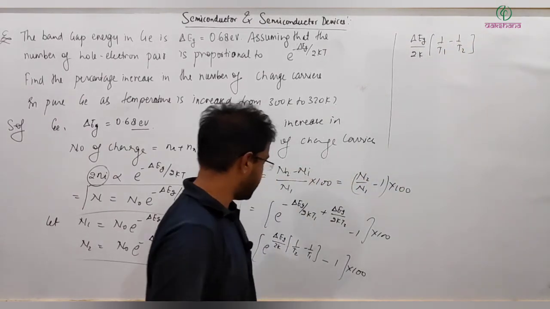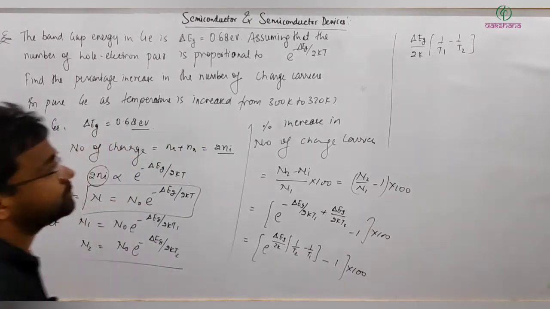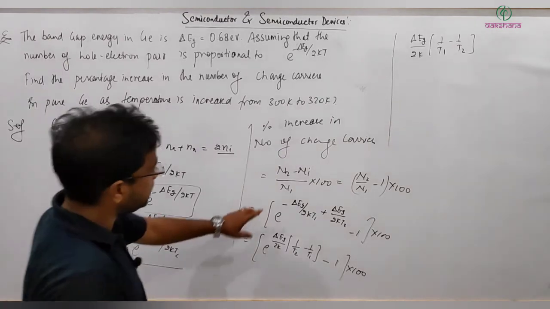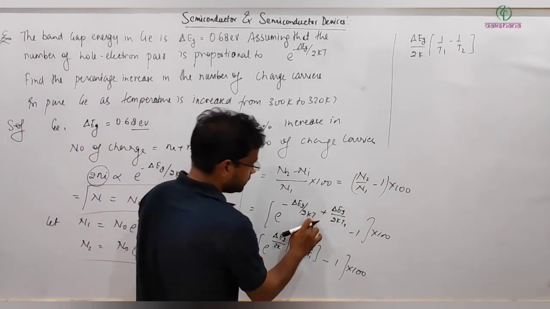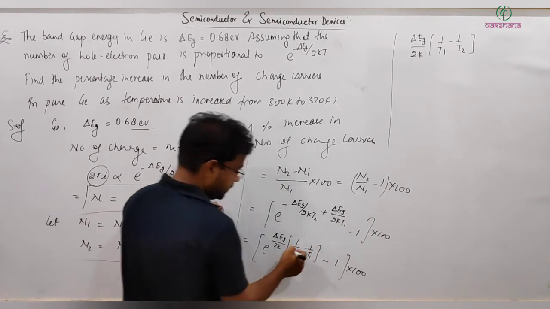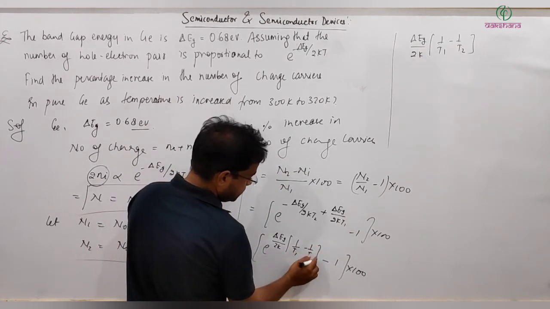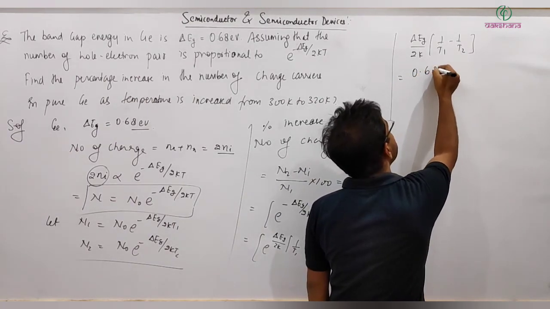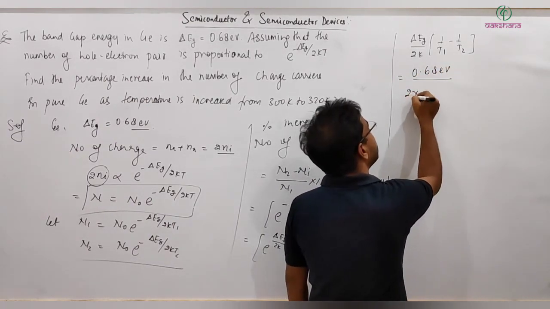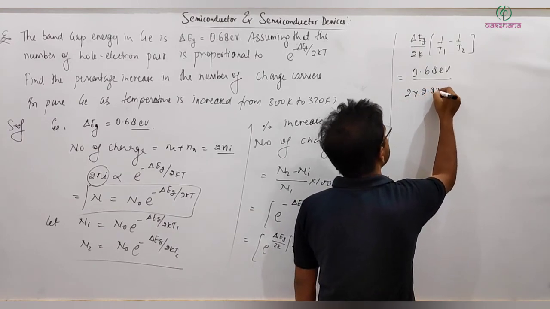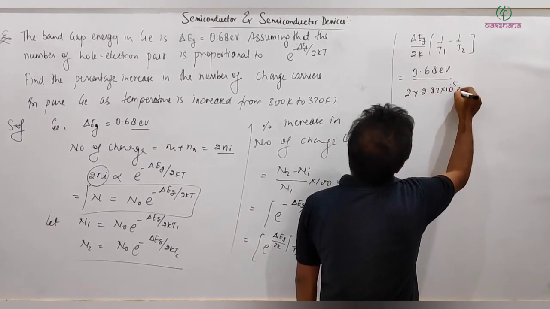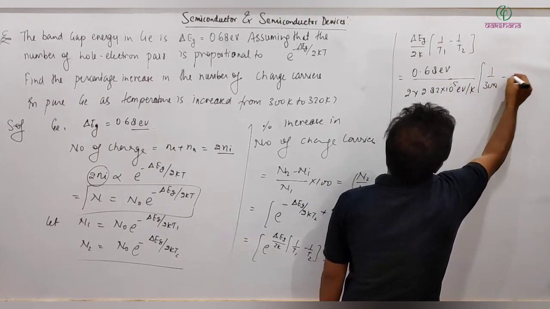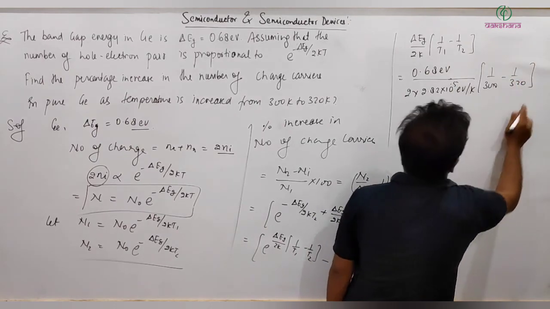So then substituting, the band gap 0.68 electron volt, and 2k comes out to be 2.82 into 10 raised to power minus 5 electron volt per Kelvin, and this is 1 by 300 minus 1 by 320 in Kelvin.